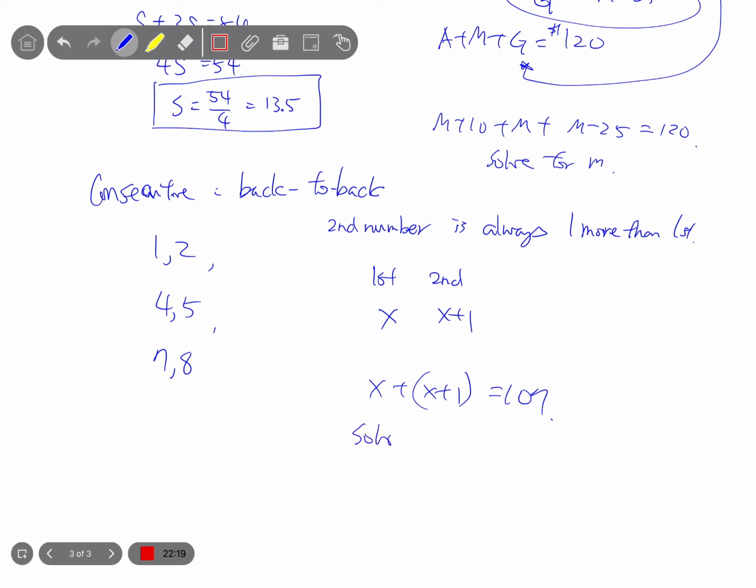Now, solve for x. If you want to solve for x, you get 2x plus 1 equals 107, 2x equals 106, divide by 2 on both sides, x equals 53. Now, if x equals 53, the second number is 54.